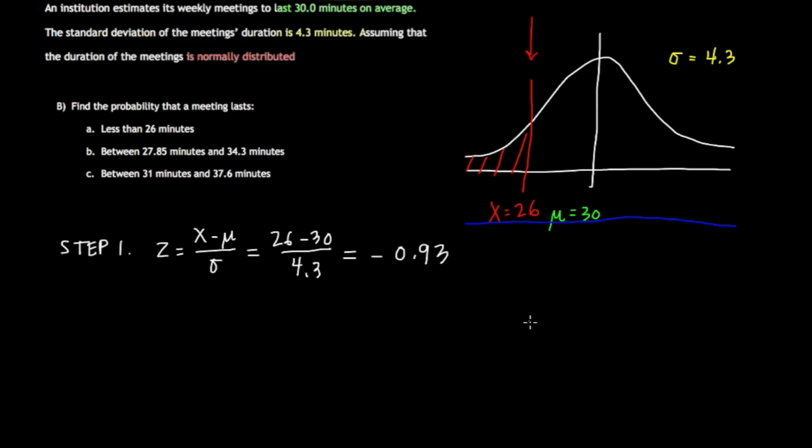An x of 26 minutes is represented by a z-score of negative 0.93. Okay? And the mean in the z-score layer is represented by a z-score of 0. Why? Think about it. If I want to find the z-score at 30 minutes, that's 30 minus 30, which is 0, divided by 4.3. It's 0.